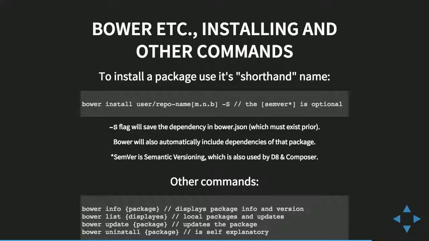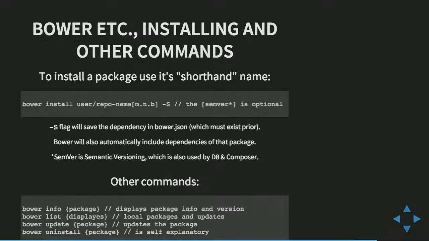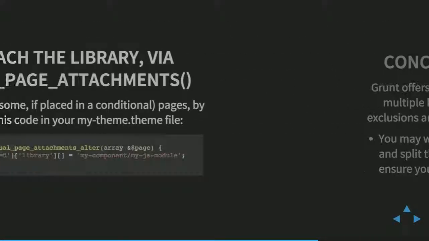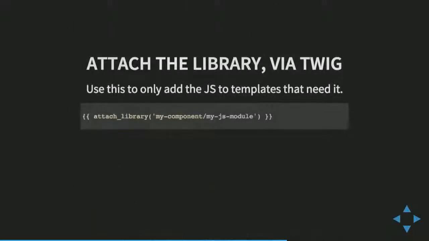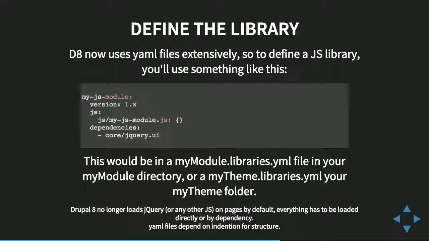Yes. Just back to the Drupal 8 YAML file libraries idea. If you can put actual URLs, oh no, I guess that doesn't really help you. Yeah, you can. It does what Bower does. You can define an external library.